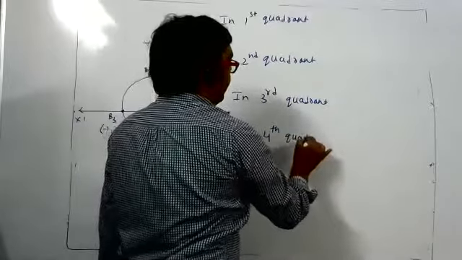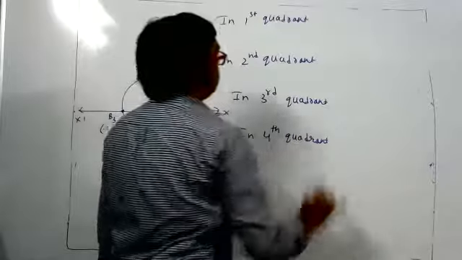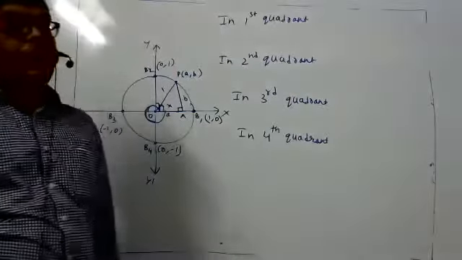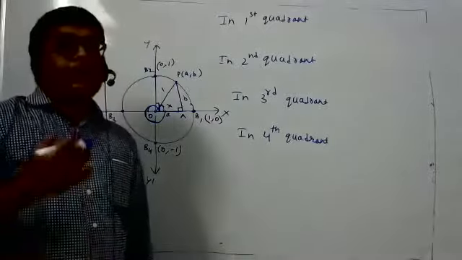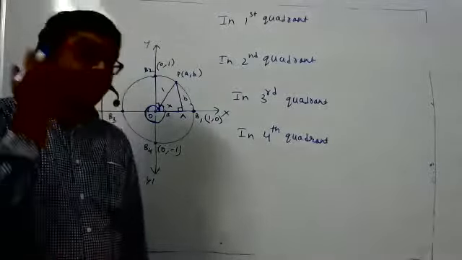What happens in first quadrant? I'll tell you what happens. Stop writing. In first quadrant, all the trigonometric ratios or all the trigonometric functions are positive.